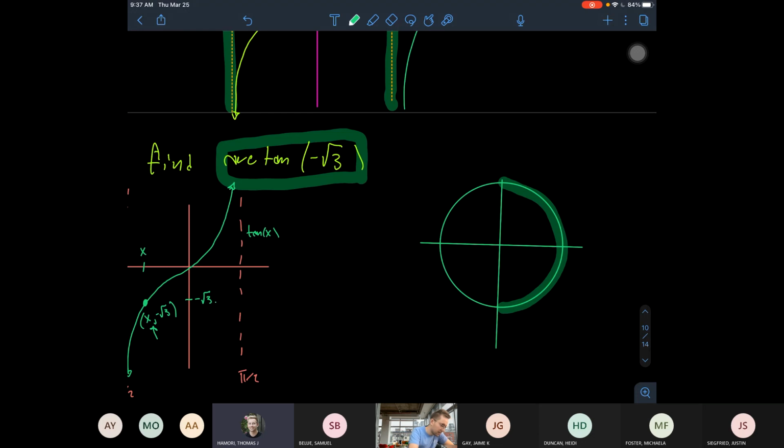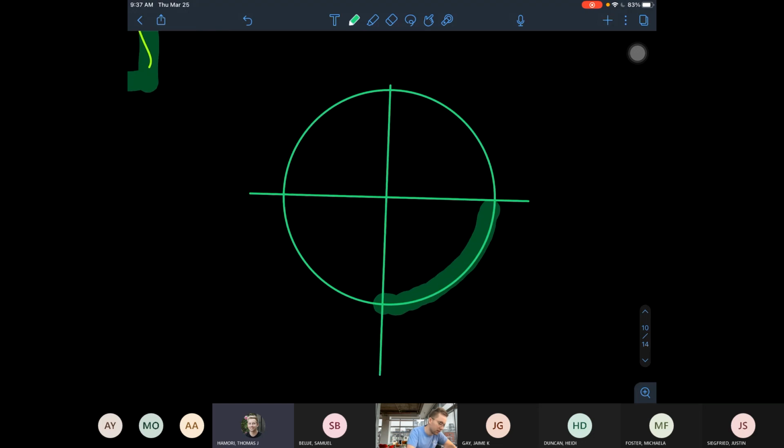Since tangent is giving me a negative value as an output, I should be in quadrant 4. So I'm going to consider this region, and a point here. The point here is x comma y.